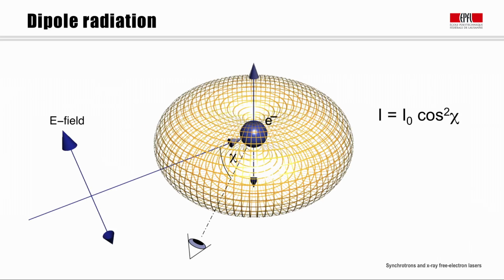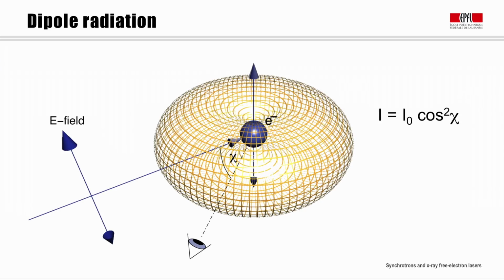This causes the electron to re-radiate coherently with the incident beam, with the same phase and frequency, for reasons we will discuss later in the course in the beginning of the section on synchrotron physics. The intensity of the re-radiated or scattered radiation depends on the polar angle of observation chi, according to cosine squared chi, shown here.